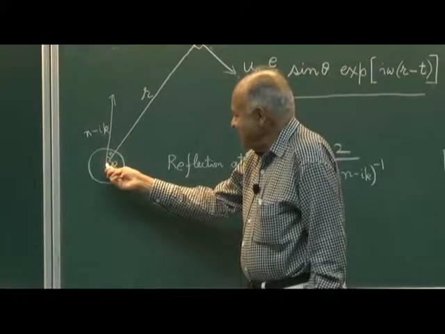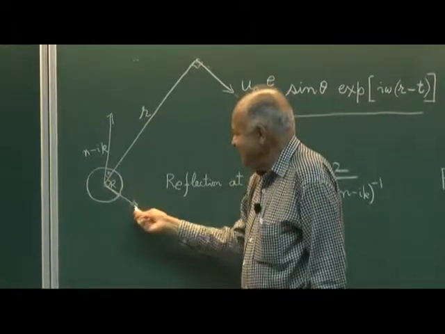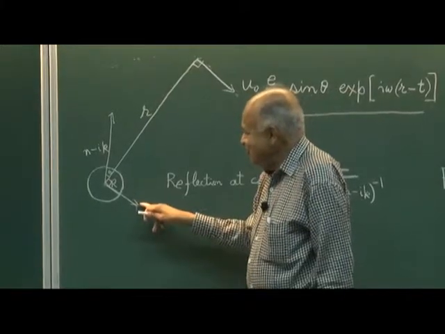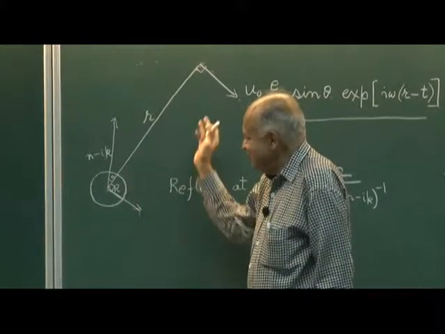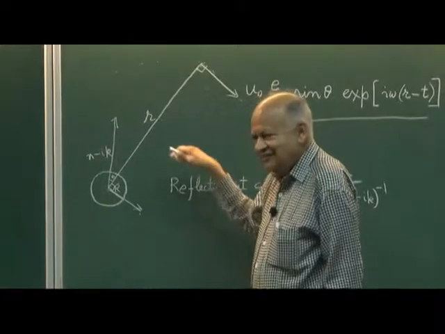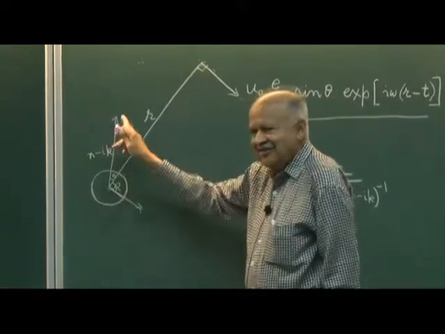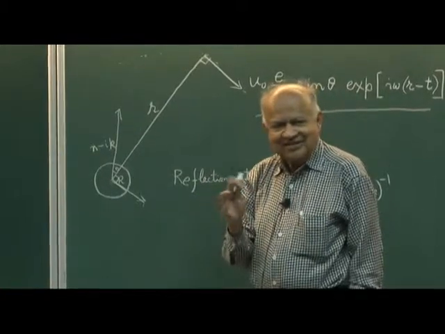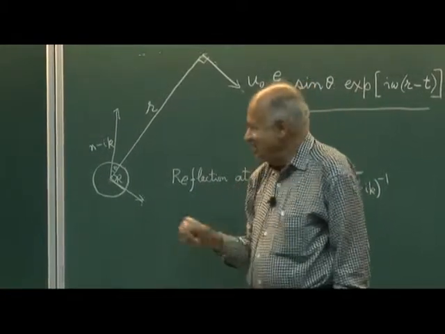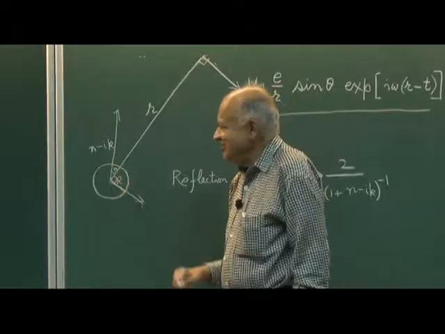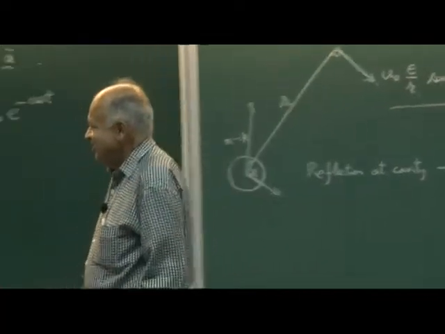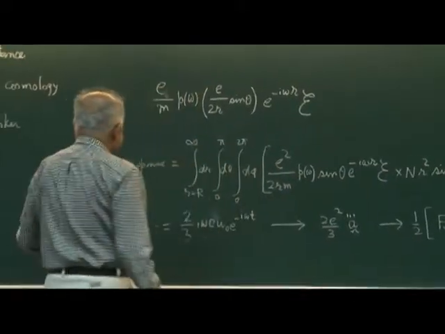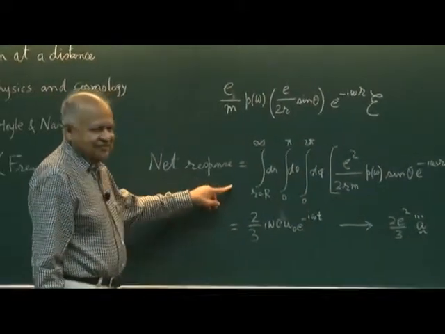So, what happens is you have got this thing here, it is in this direction, and what you expect is that when you have summed over all directions, only this direction will survive, and the others will cancel each other by symmetry. So, we do this calculation, and here is what I have written, the net response.